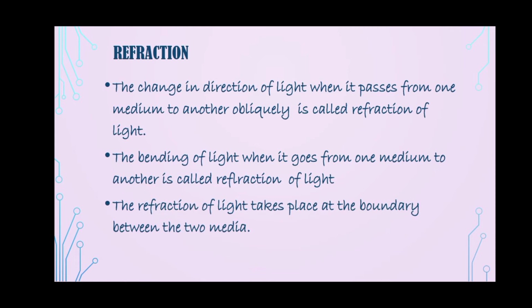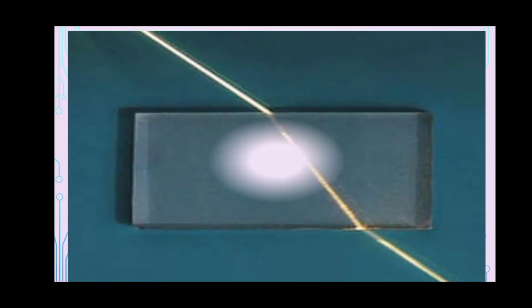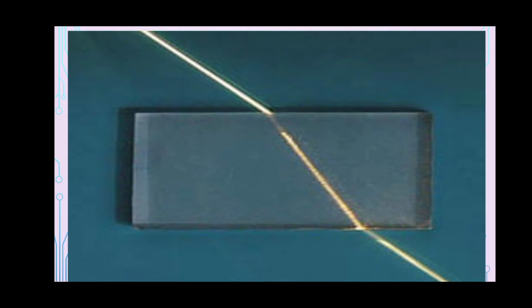The refraction of light takes place at the boundary between the two media. Here you can see a glass slab and the refraction of light through it.